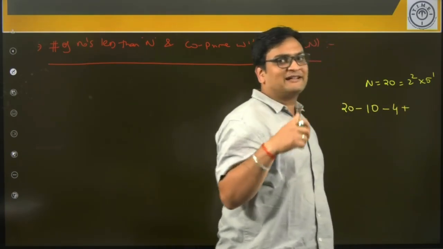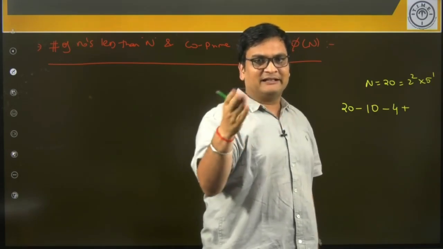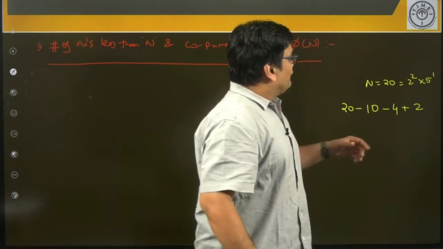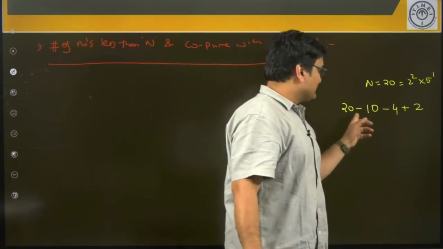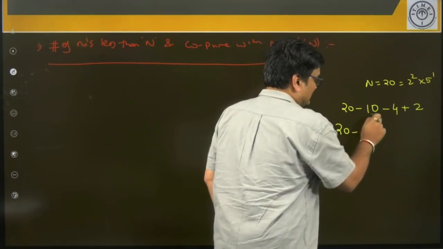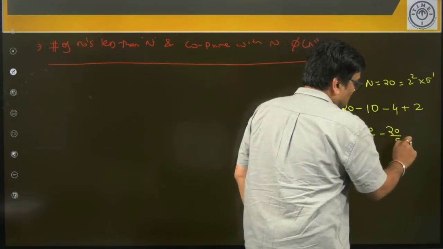How many numbers are to be added back? Please note there are only 2 numbers that are to be added back, yes, 10 and 20. So we'll add this. So thus overall below 20, how many numbers are coprime with 20? So can I say this should be my answer, which could be written as 10 is nothing but 20 by 2. This is 20 by 5.